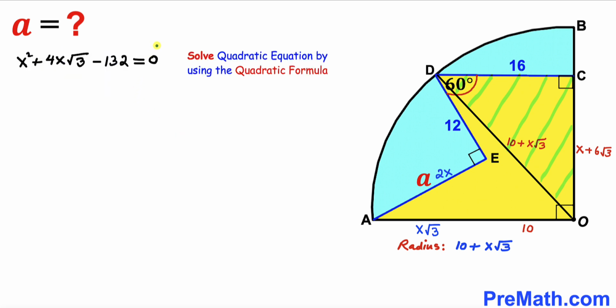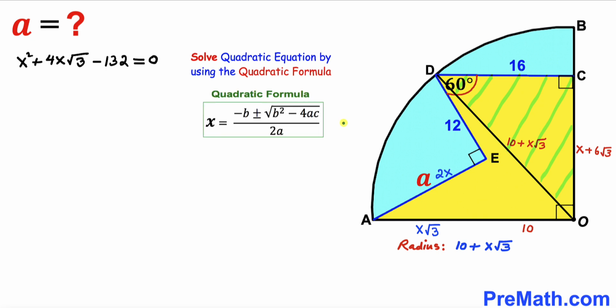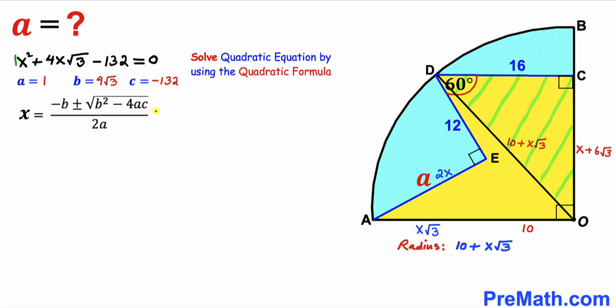And now we can see that this is our quadratic equation, and we are going to solve it by using the quadratic formula. And here's our well-known quadratic formula. And here we can see our coefficients. a is 1, b is 4 times square root of 3, and our constant c is negative 132. So let's fill in the blanks in this quadratic formula.